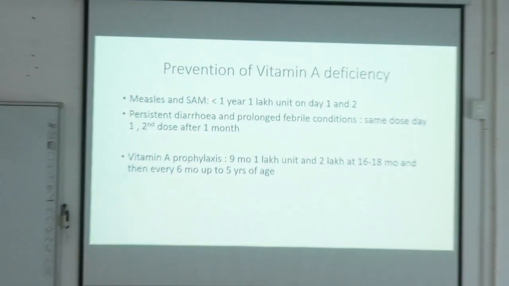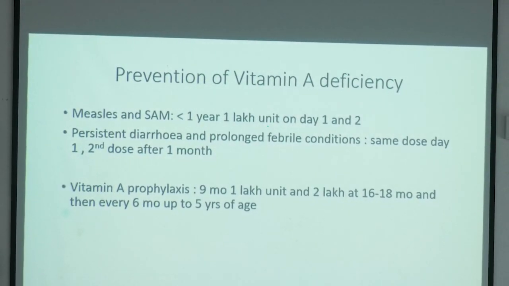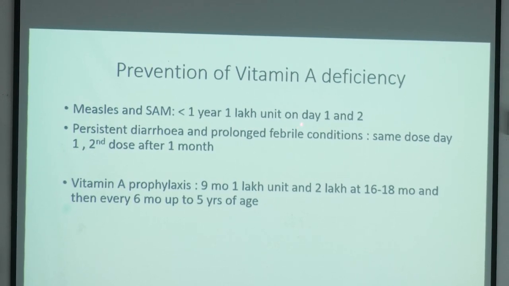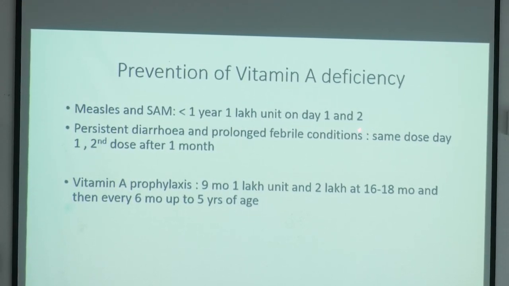So the most important thing, you should not allow the deficiency of vitamin A. You should prevent the deficiency of vitamin A. How can you prevent it? We have the guideline from the National Medical Council. When you see measles or severe acute malnutrition, in children less than 1 year, you should give 1 lakh unit on day 1 and day 2.